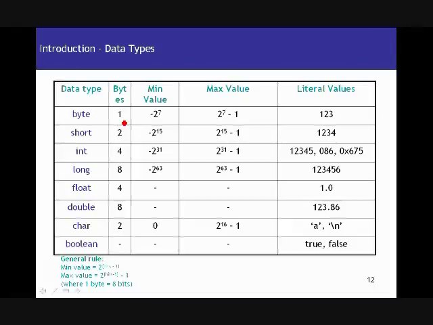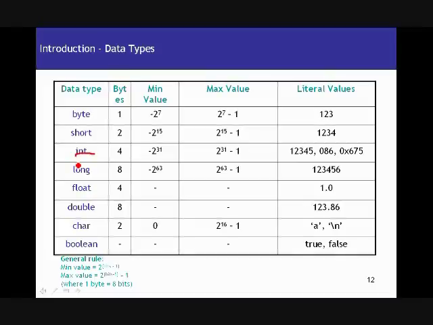That means 8 bits. As the number of bytes increases, the amount of data you can store will also increase, right? Obviously. So the larger the data, the bigger the data type you would require. But most of the time, if you are dealing with numbers in Java, you use integer data type.